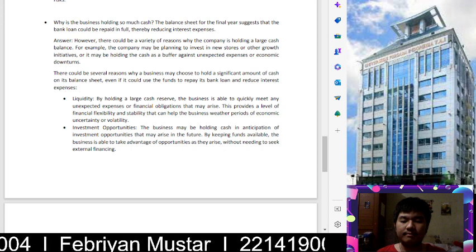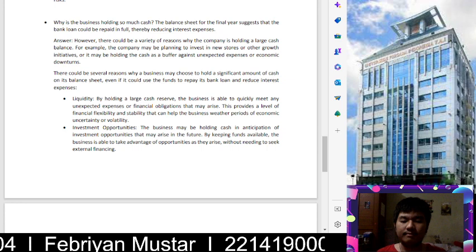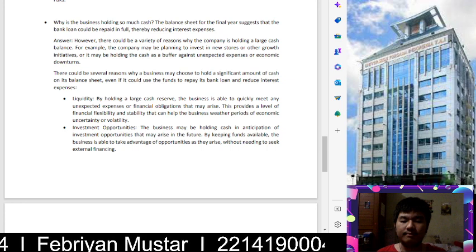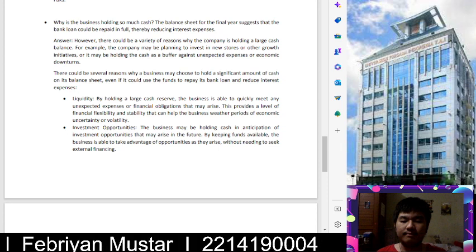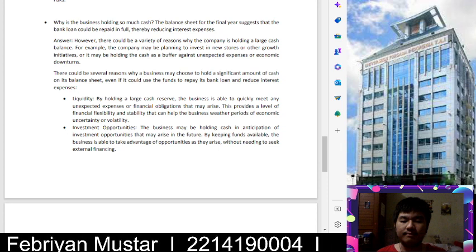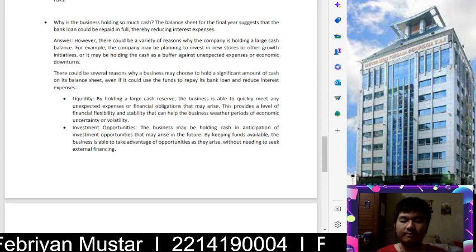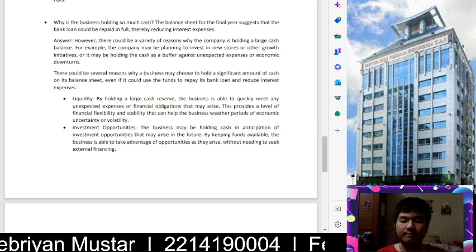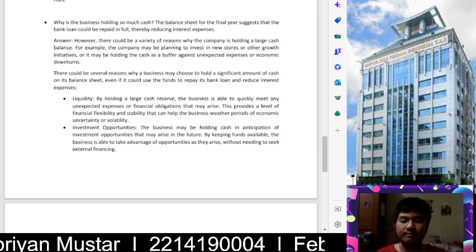And the last question: why is the business holding so much cash? The balance sheet of the final year suggests that the bank loan could be repaid in full, thereby reducing interest expenses.